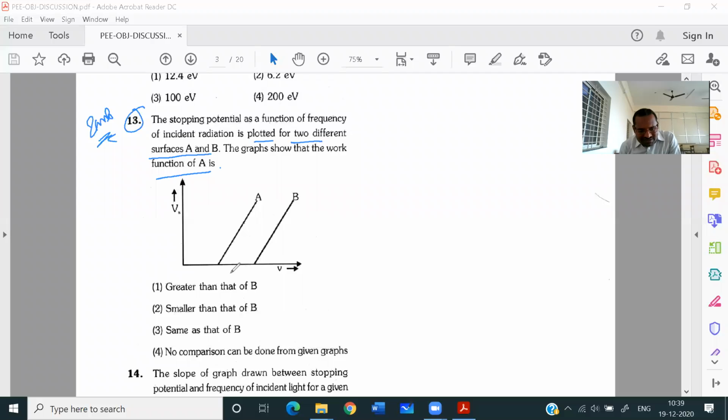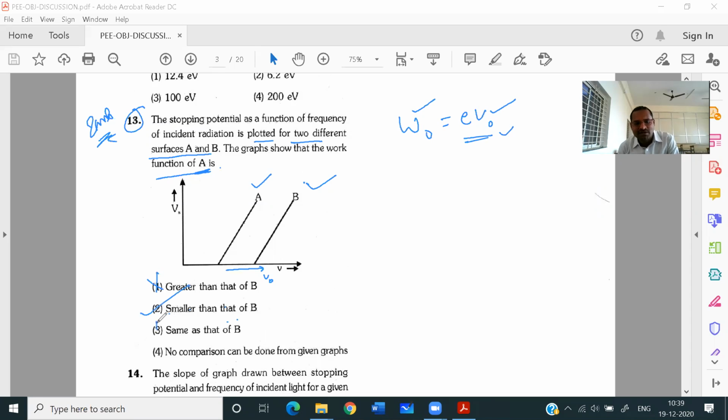So this is the stopping potential. We know work function is nothing but e into stopping potential. That's it. If stopping potential is more, work function is also more. Among these two, B has more work function and A has less work function. So work function of A is greater than B is wrong. Work function of A is smaller than that of B is correct.